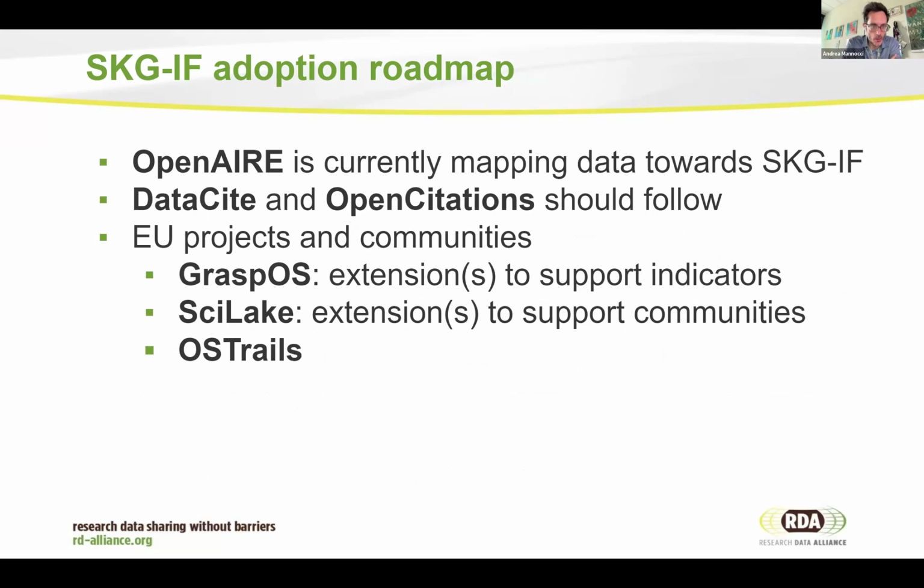And in terms of adoption roadmap, within OpenAIRE we are currently mapping data towards the interoperability framework. Miriam is leading this task. Datasets and OpenCitations should follow at some point this year. But it's something we don't have deadlines for yet.